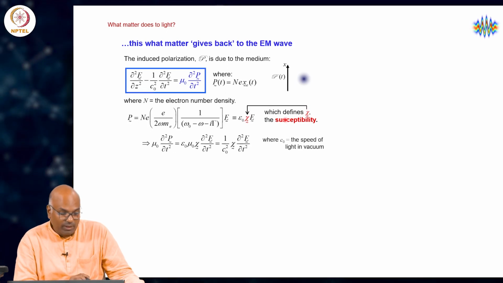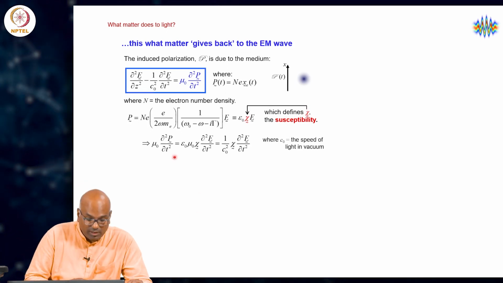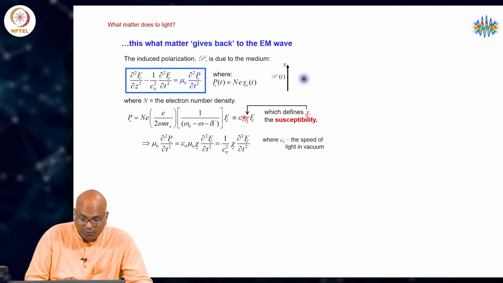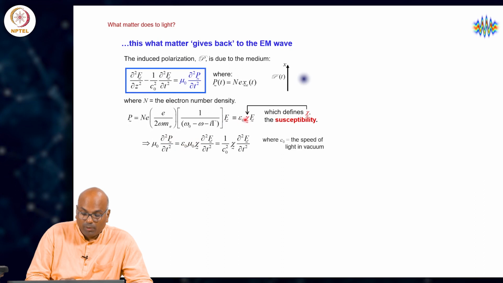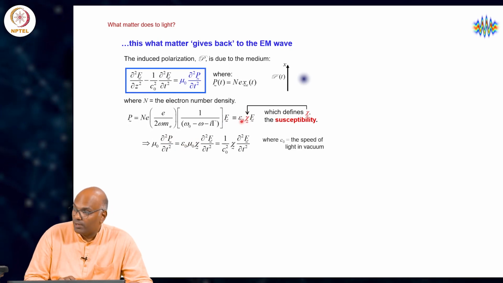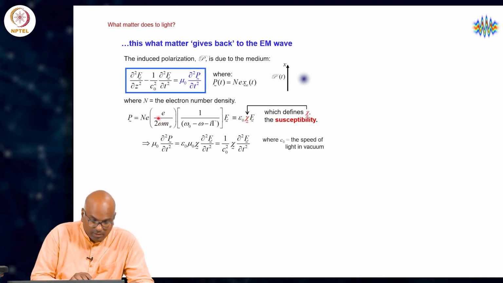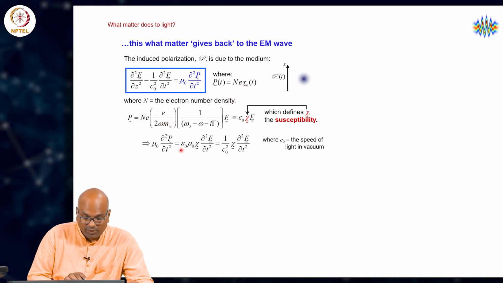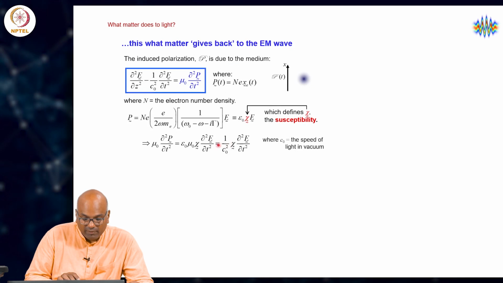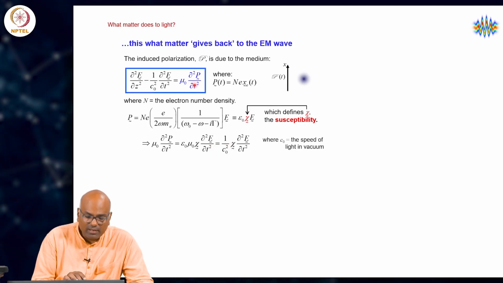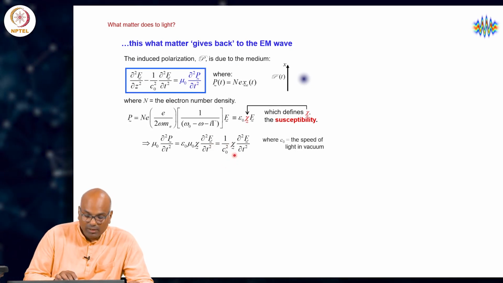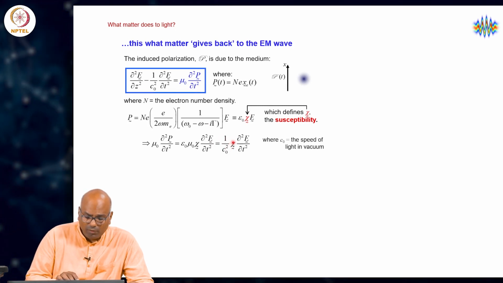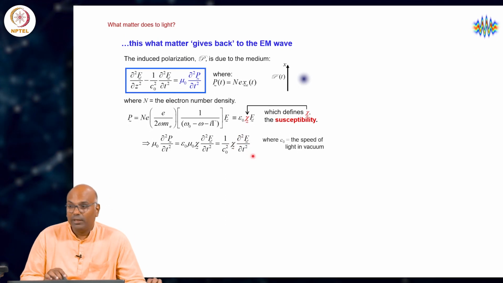But what this does in the current context is to write P back in terms of one material property, chi, which depends on frequency. Its frequency dependence comes about from the frequency response of xc, and then we get a very nice expression where the right hand side of this inhomogeneous equation is merely a factor of chi multiplying d2E by dt2.